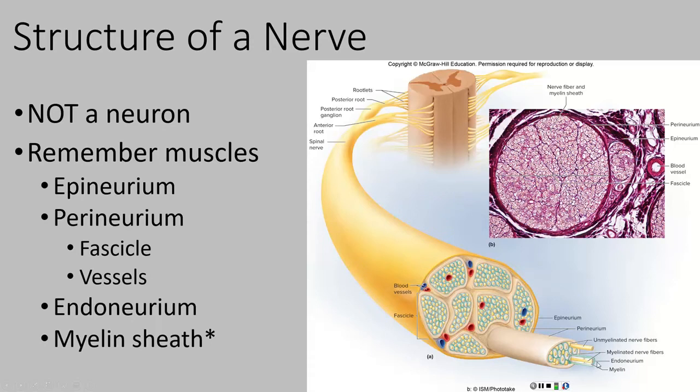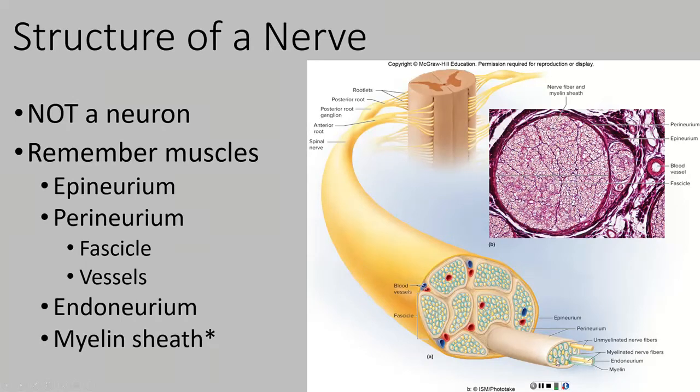So let's look at this myelinated axon and work our way up now until we get to the full nerve. So we have the axon, which has its own membrane called the axolemma. The axolemma is surrounded by the myelin sheath, which is surrounded by the endoneurium.